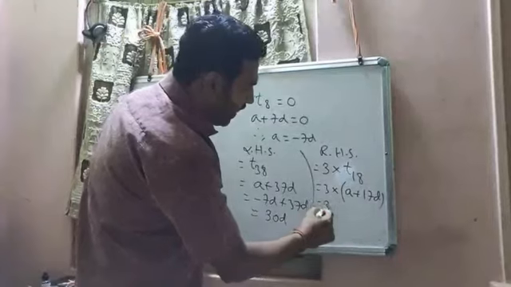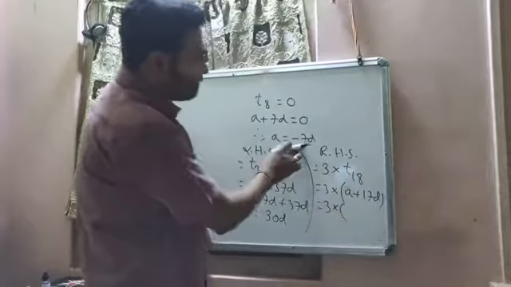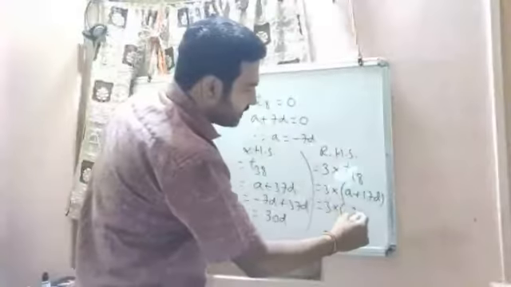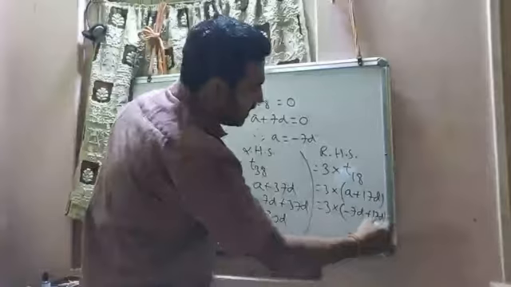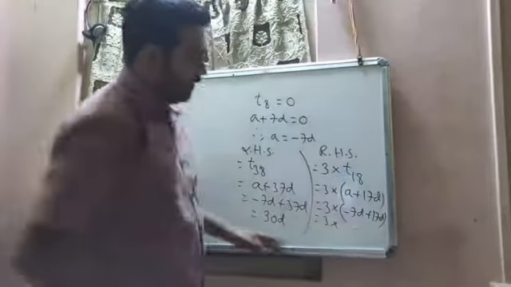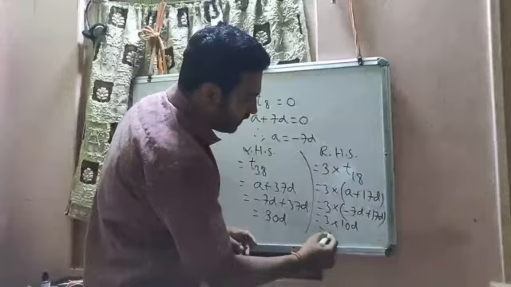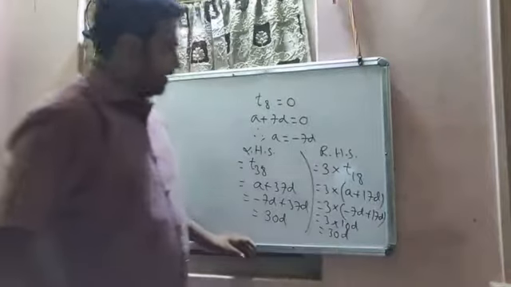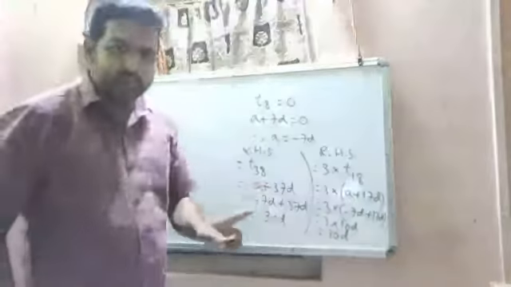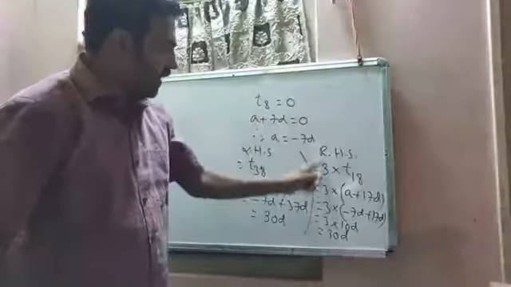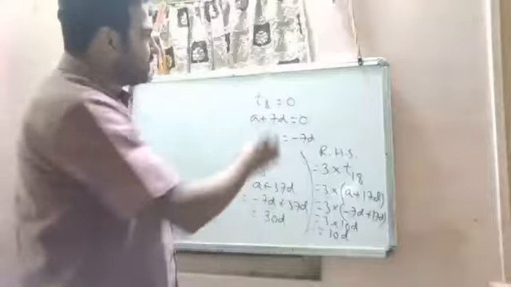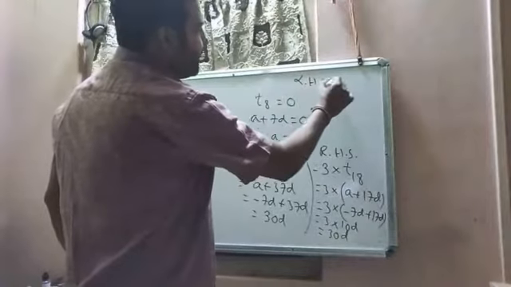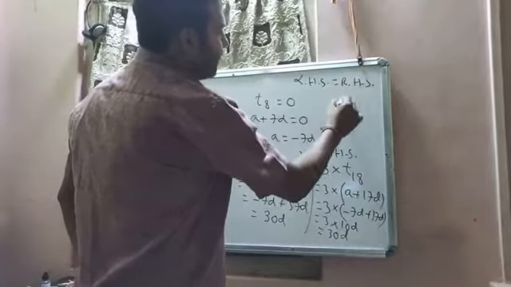A is again minus 7D, so minus 7D plus 17D. So 3 into 17 minus 7 is equal to 10D. 3 tens are 30D. So just observe, the left hand side and right hand side are equal. That means LHS is equal to RHS too.